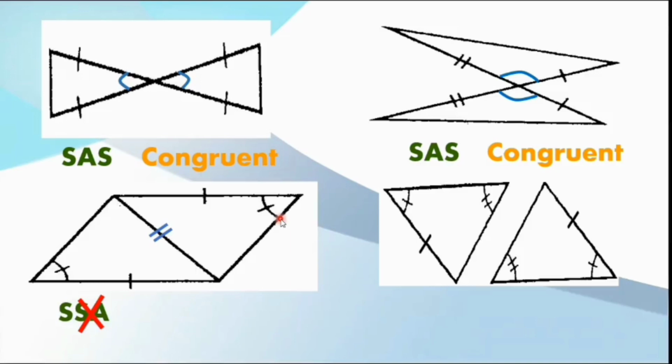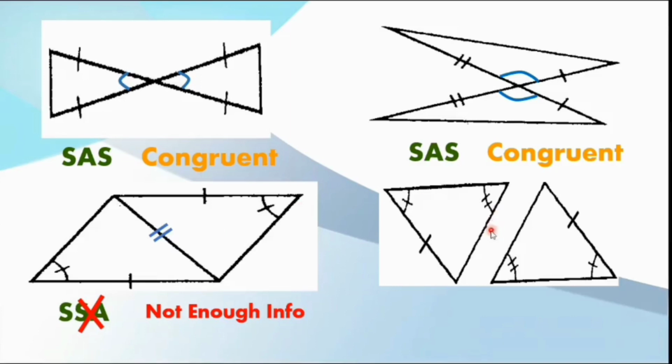Therefore, we cannot conclude that these two triangles are congruent because there is not enough information that would tell us that the two triangles are really congruent. The only way for us to conclude that these two triangles are congruent is when all the corresponding parts are marked congruent.